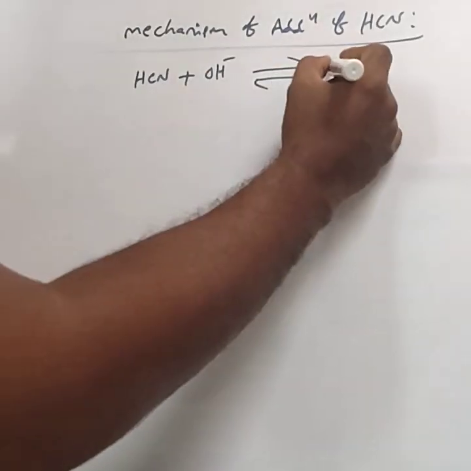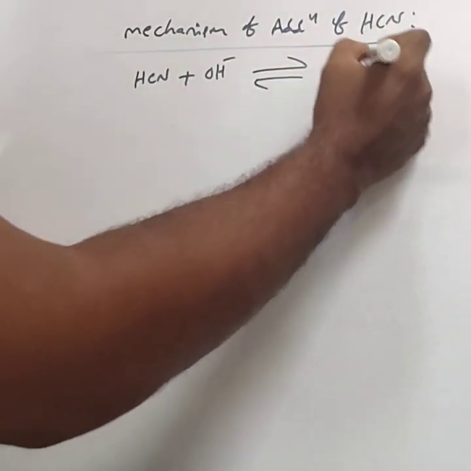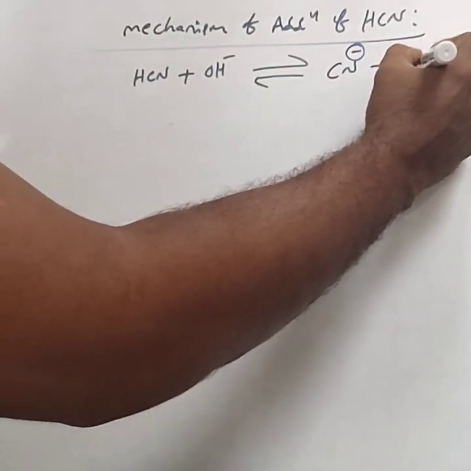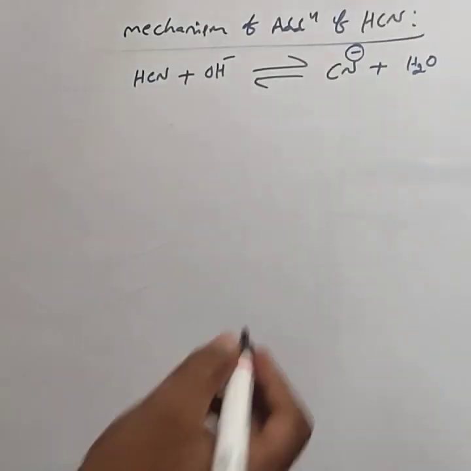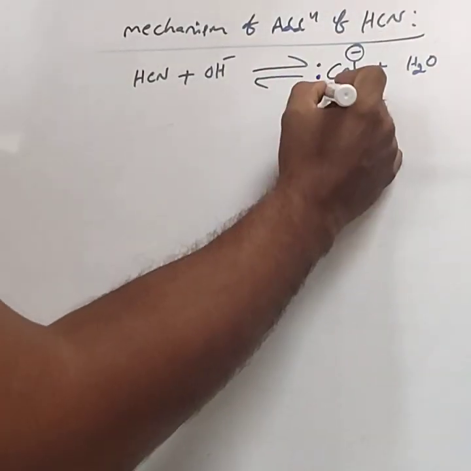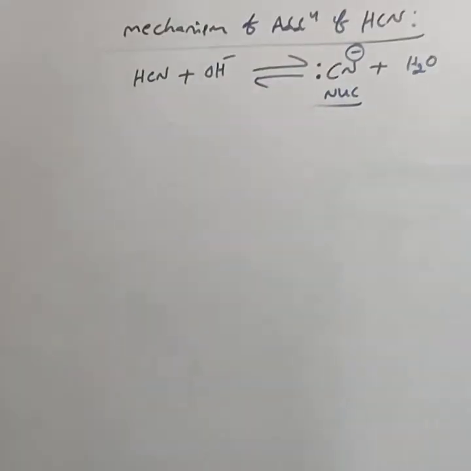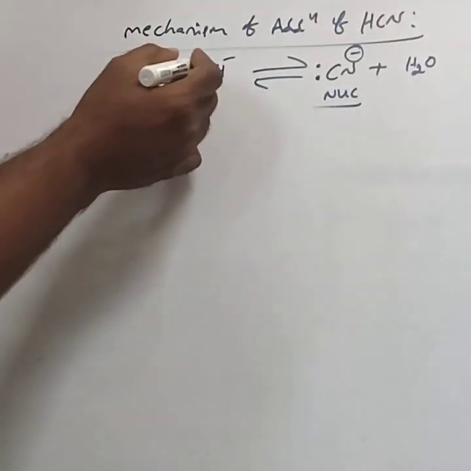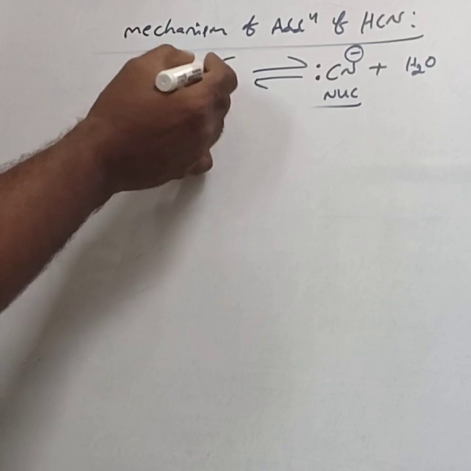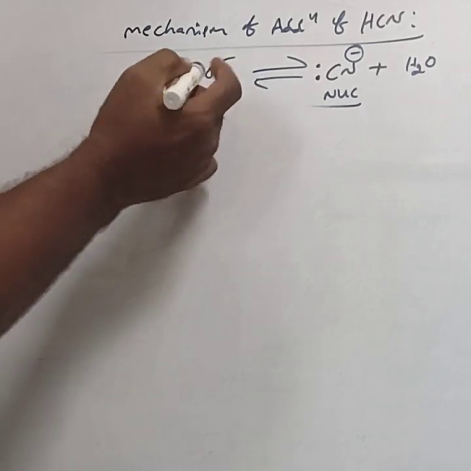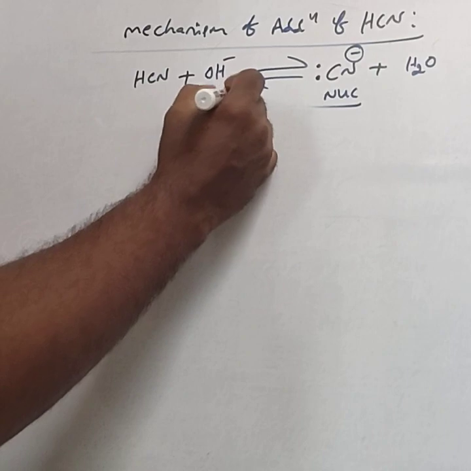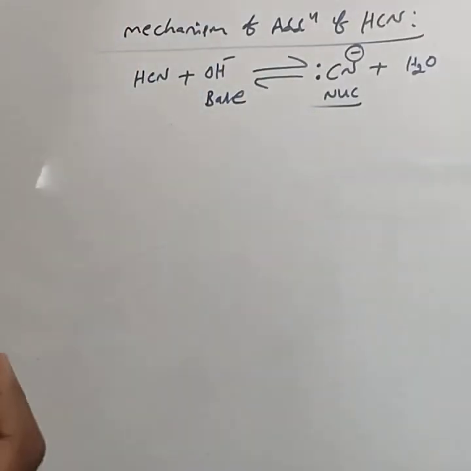That results in the formation of CN minus plus H2O. This CN minus is called the nucleophile. This is the first step. To increase the speed of the reaction, we are using the base. This is the hydrogen cyanide.